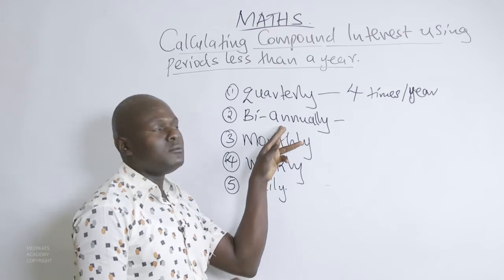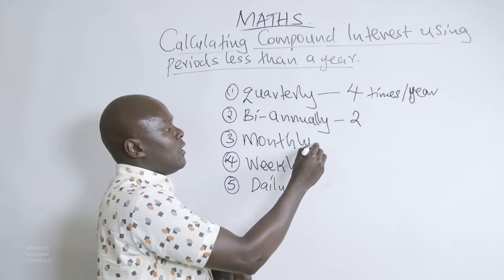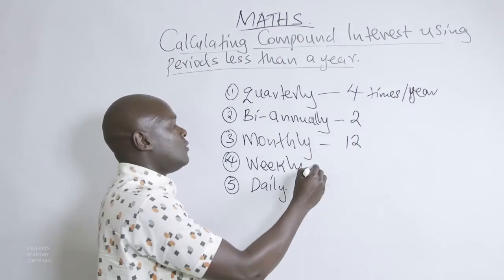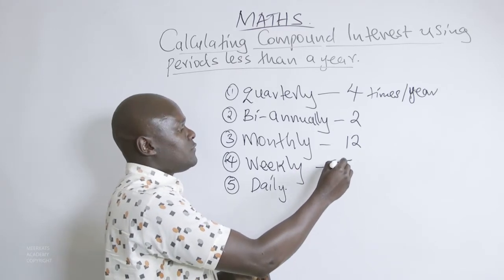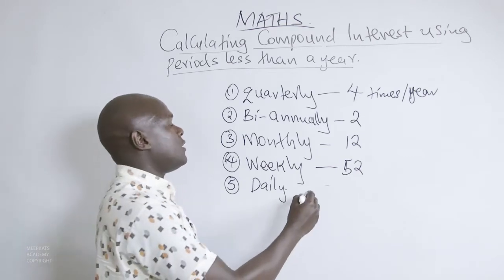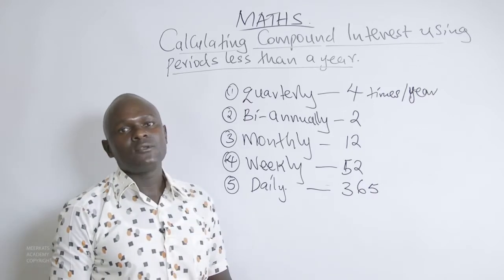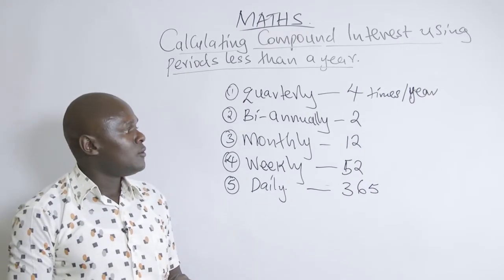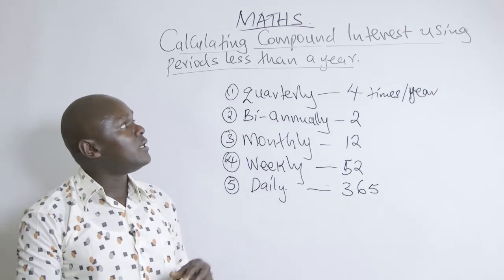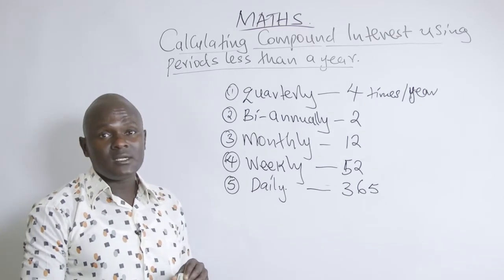While biannually means we are going to calculate twice per year, and monthly we are going to calculate 12 times in a year, while weekly we are going to calculate 52 times in a year, and in daily this will be approximately 365 times in a year. So having looked at this, let us look at how we calculate the compound interest when the period is less than a year.